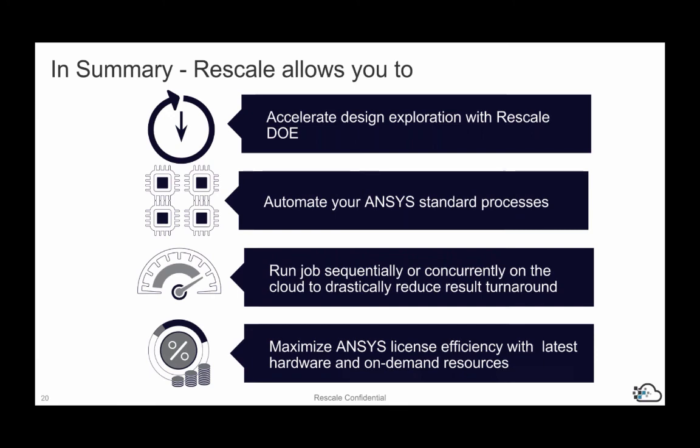And finally, by combining the different types of ANSYS license, HPC pack, HPC parametric pack, and the ANSYS Elastic license units, you're able to bring the cost down, optimize for better license efficiency use on the cloud, and you're able to use the latest and most specialized hardware available for that specific application.